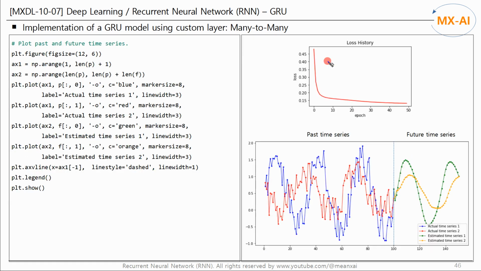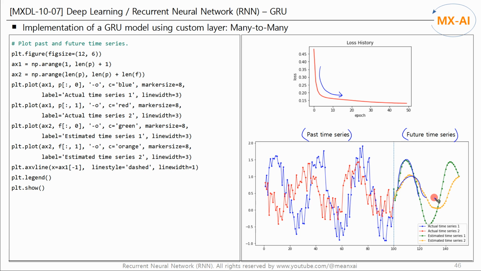Let's check the results. You can see that the mean squared loss decreases significantly as training progresses. Now, let's look at the past and predicted future time series. The blue and red are the observed past time series. The green and orange are the predicted future time series. You can see that 2 sine curves with different frequencies are predicted.